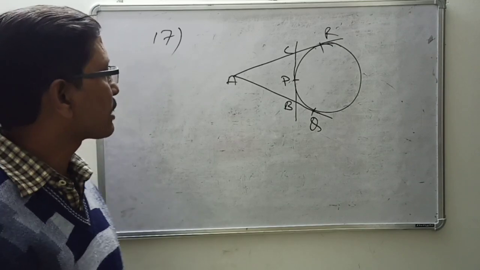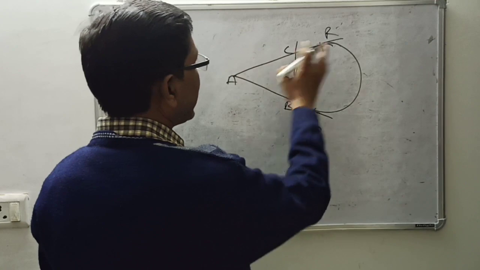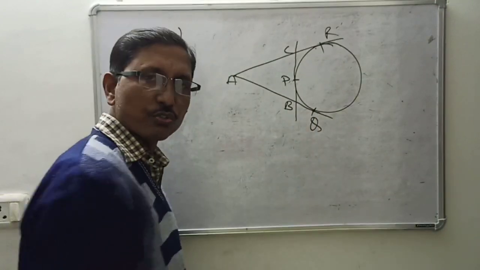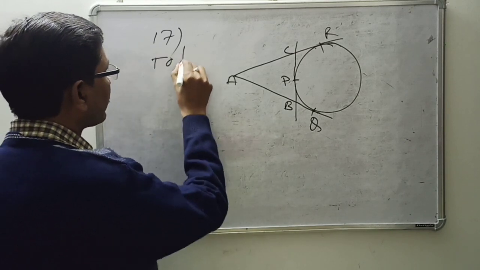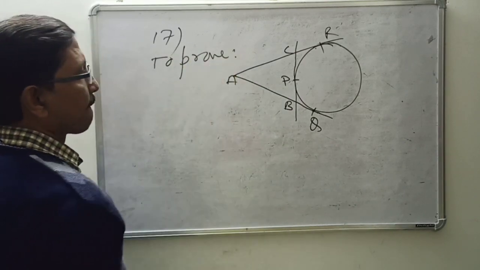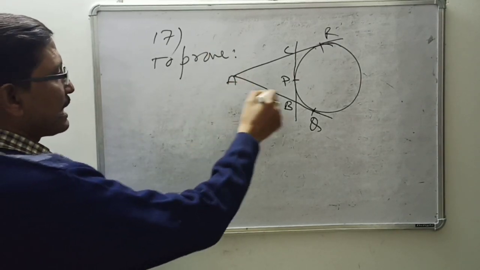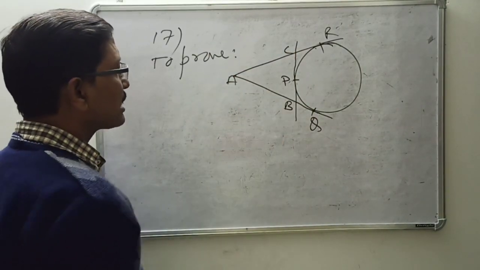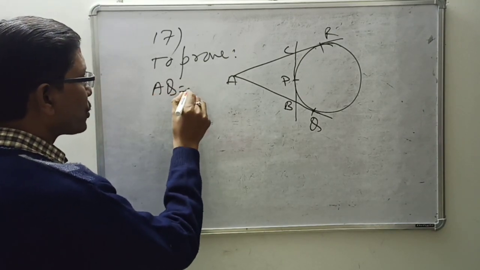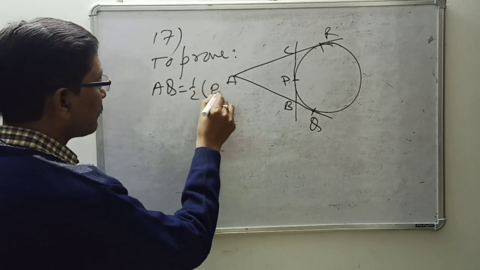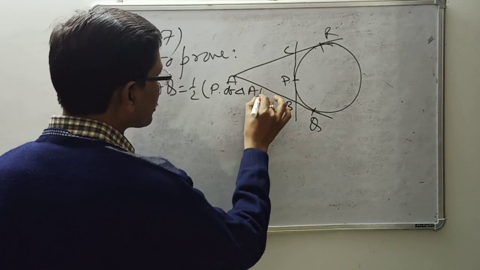So from this figure, AR is also a tangent, AQ is also a tangent. You have to prove that the perimeter of the triangle ABC is twice AQ, or you have to prove AQ equals half of the perimeter of the triangle ABC.